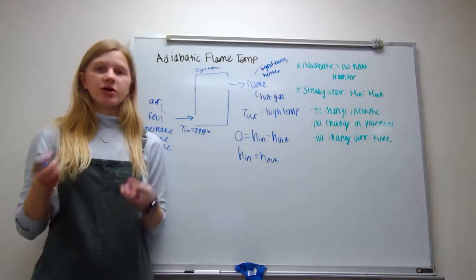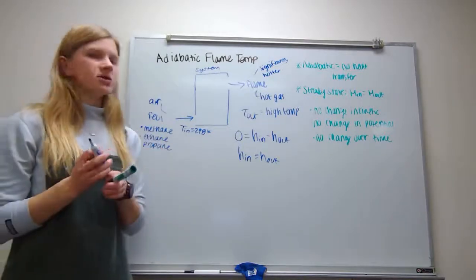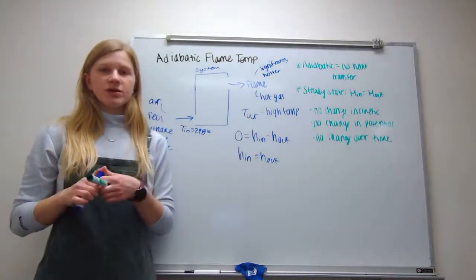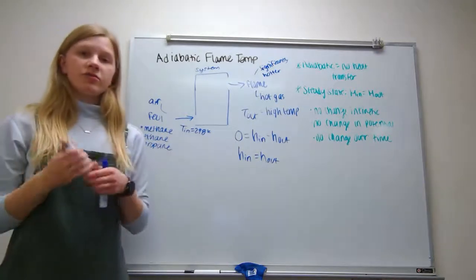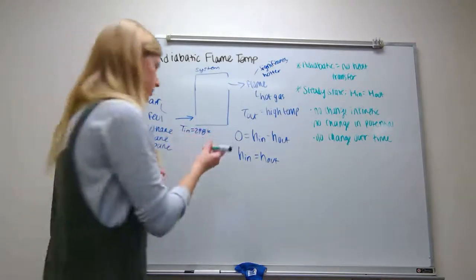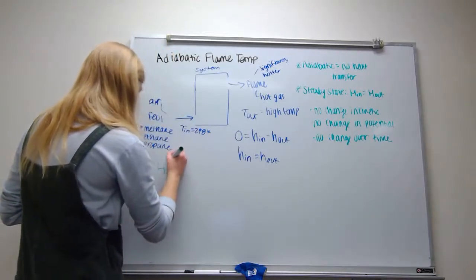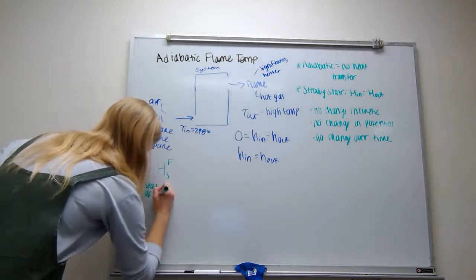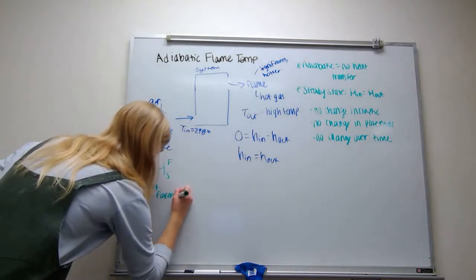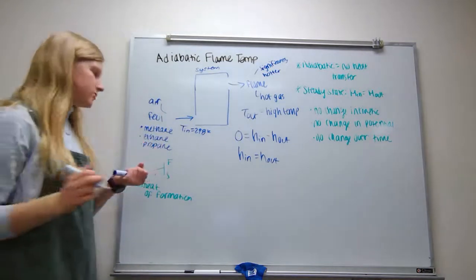We need to integrate it with respect to temperature. Because we have such a hotter temperature, we can't just use the Cp. So now we're going to do our heat of formation equation. I'll put that over here, HSF, heat of formation. So that's the variable that we're going to use for that.